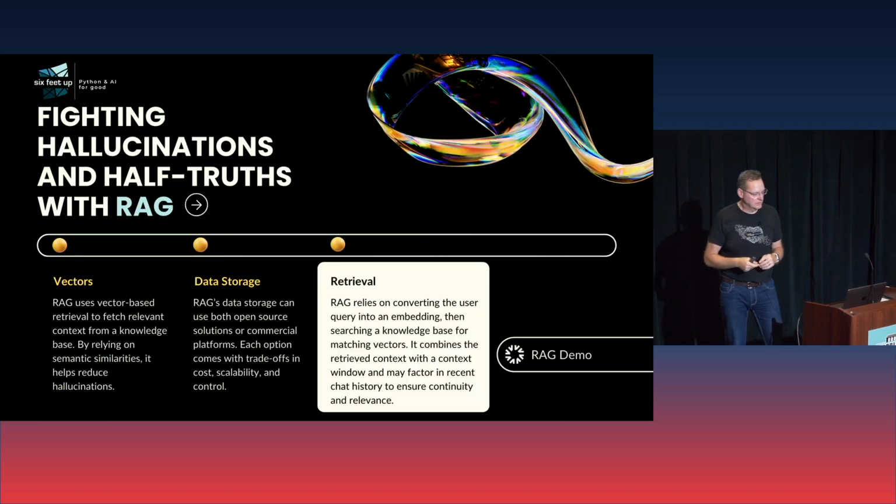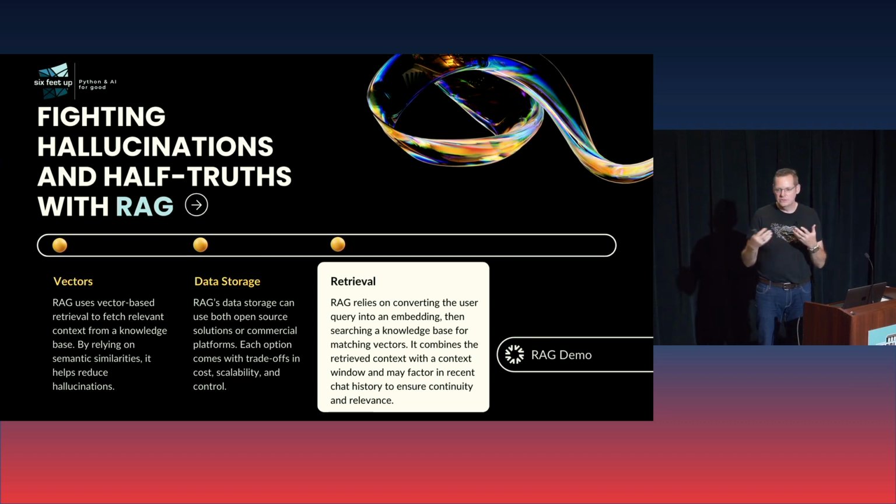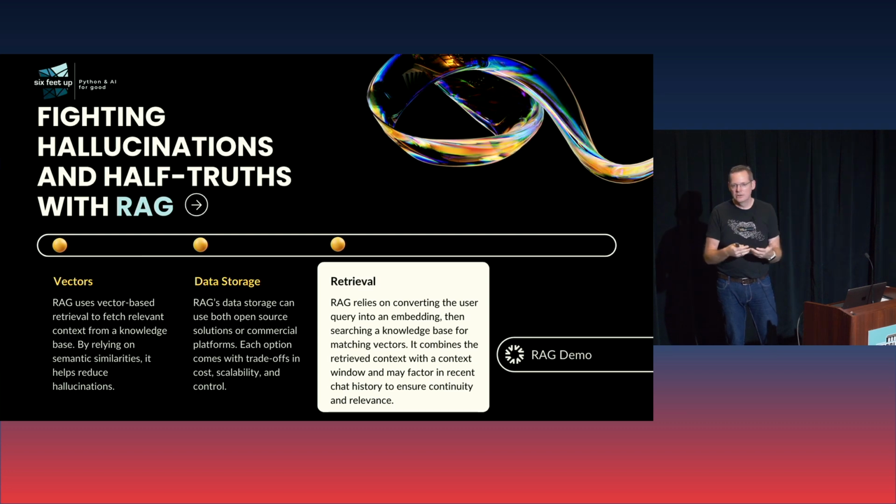And then the retrieval part. RAG relies on taking that query, converting it into an embedding itself, going off and doing the query against your vector database, and bringing back that content into your context window. Now, this is again up for you all to manage. There are kind of magic tools. Who's made a ChatGPT GPT or a Claude project where you've dragged PDF files up into the thing and it just kind of makes a little bit of magic happen and you feel like you've gotten it?